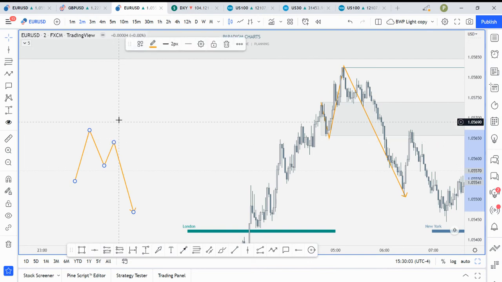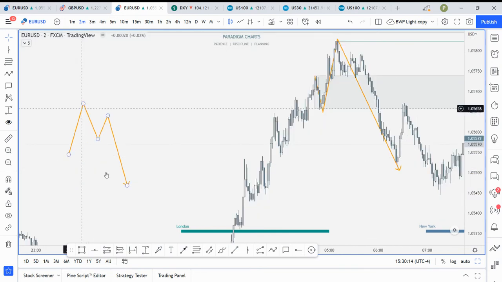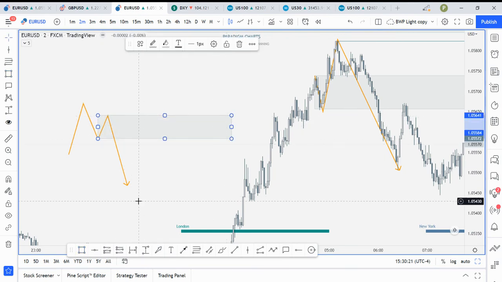This was supposed to make a higher high, but it failed to make a higher high and instead it breaks down. So that is the mitigation block. From this low to this high, if price should come back there, you expect to see a sell-off.